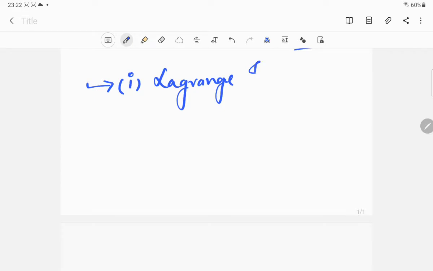Now there are two types of interpolation. The first type is called Lagrange interpolation. What is the specialty of Lagrange interpolation? You will apply Lagrange interpolation only for unequally spaced data.